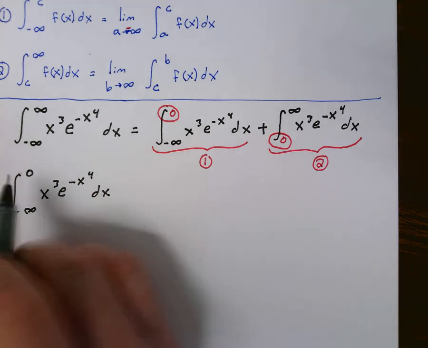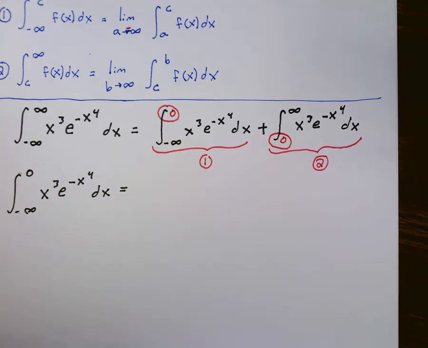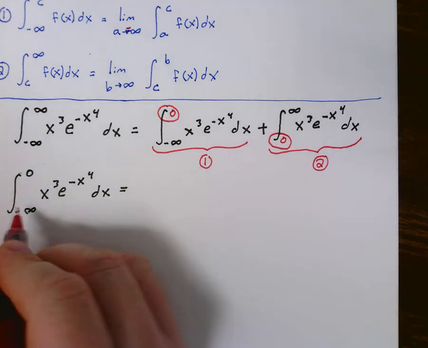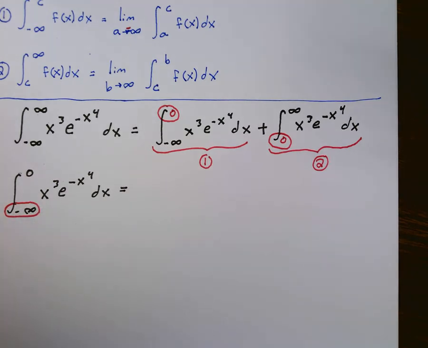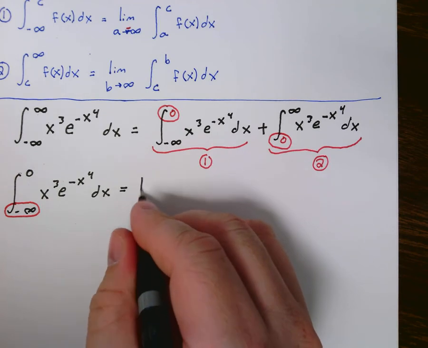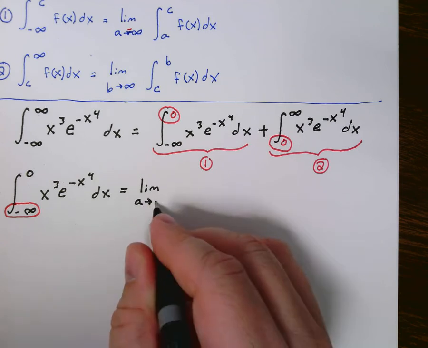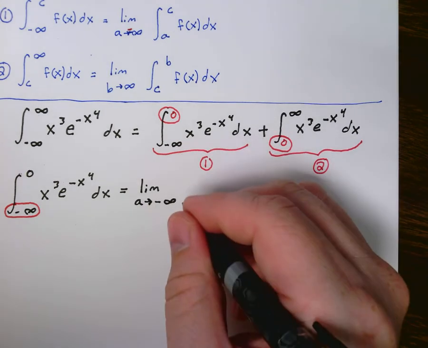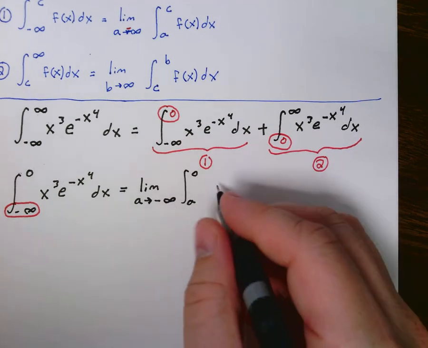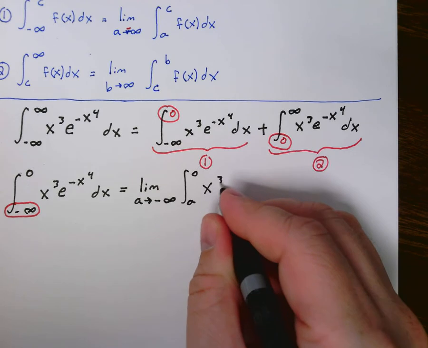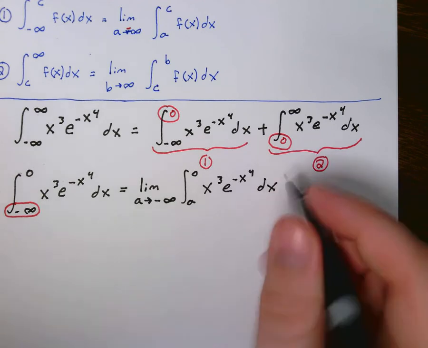Again, it doesn't matter that I picked 0. Remember, now we have only a single problem, and that's this one. So I'm going to call the lower limit a, and take the limit as a goes to negative infinity of the integral from a to 0 of x cubed e to the negative x to the fourth dx.